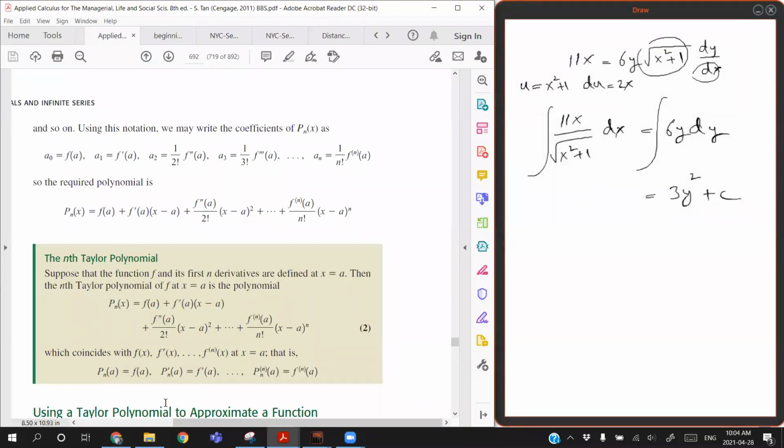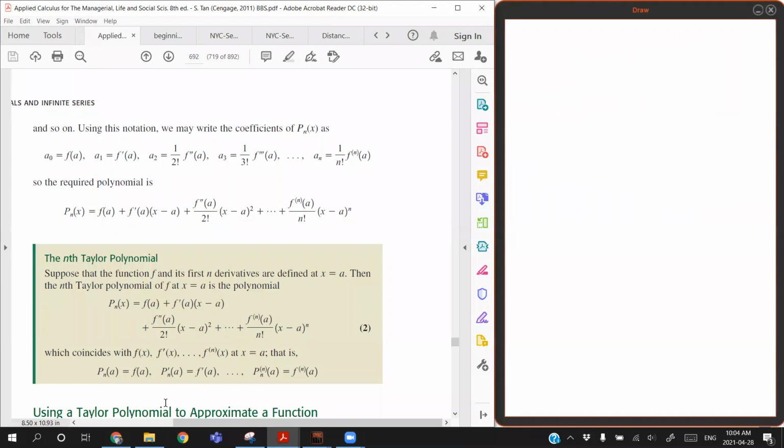Okay, my goal today is to teach you how to use this formula, the nth Taylor polynomial. I'm going to write this formula in summation notation, then I will explain that.